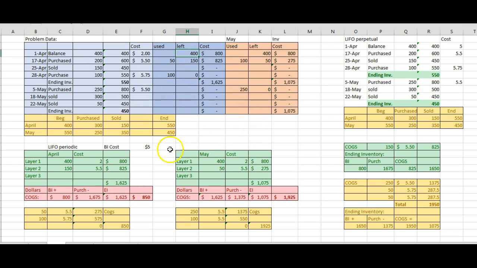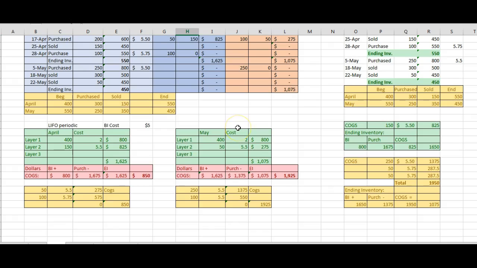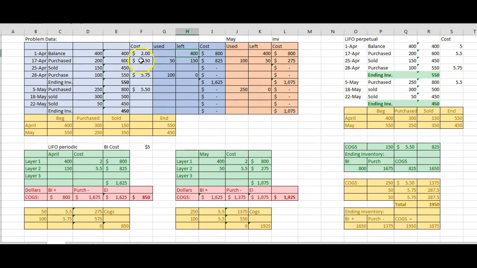Now, let's see what the cost comes out to be here as we look at this. So this is our used layer. So this is saying 100 at $5.75. And that will equal, oh my goodness, probably $575. What do you think? And we had 50 at $5.50.